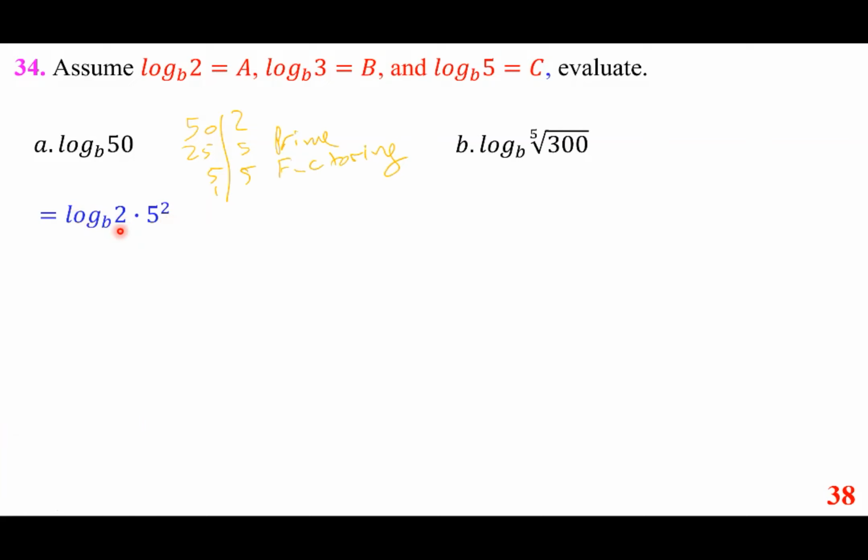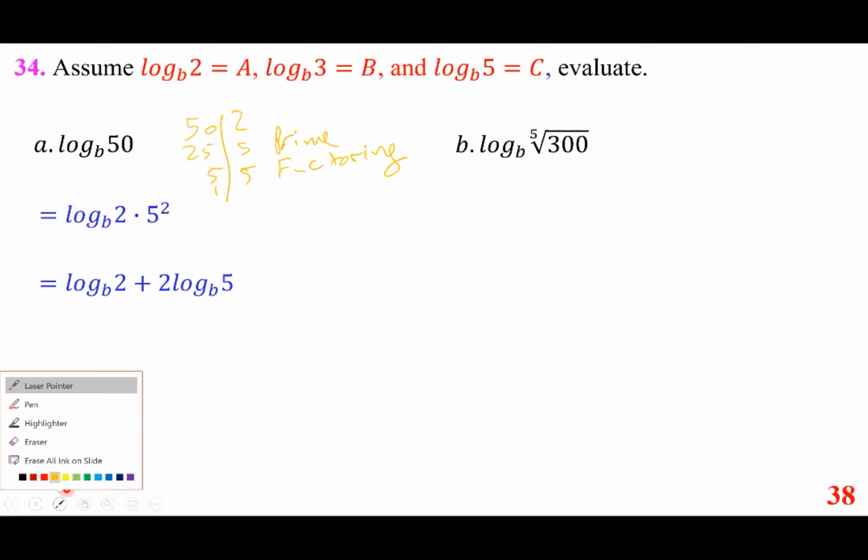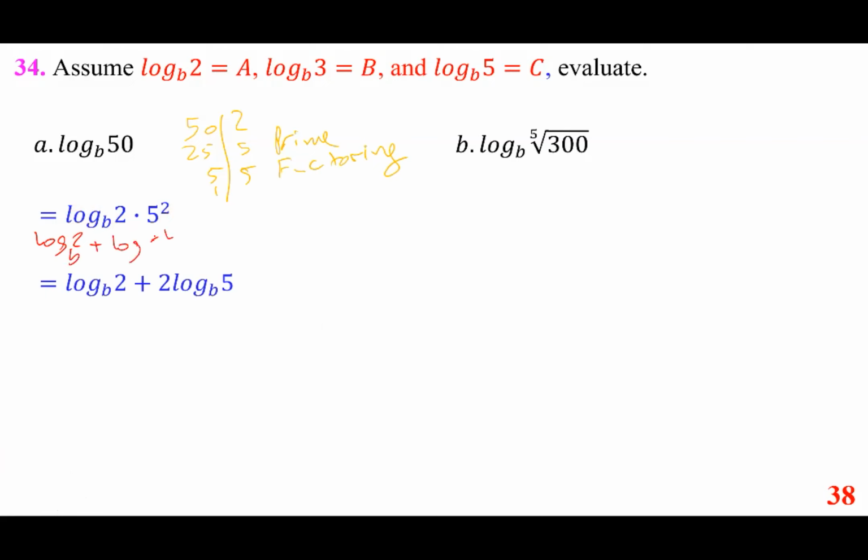So this is log 2 plus 2 log 5, same base. I cut it in two pieces. So let me write the intermediate step. This is log 2 plus log 5 squared, base b. And now you replace it and you're done: A plus 2C.